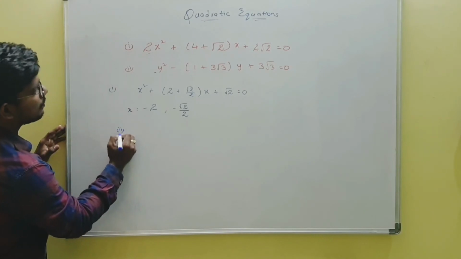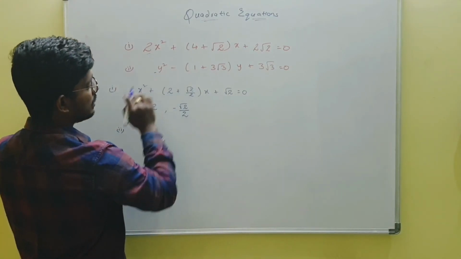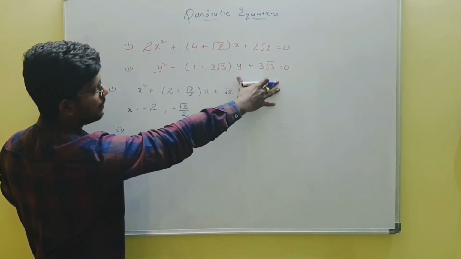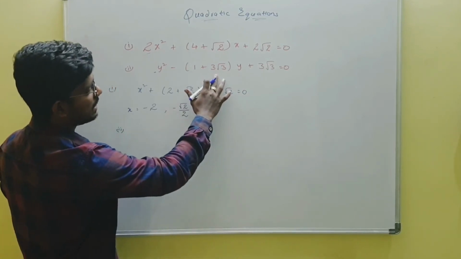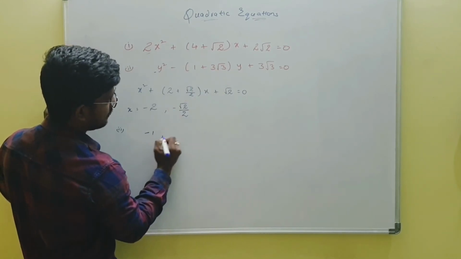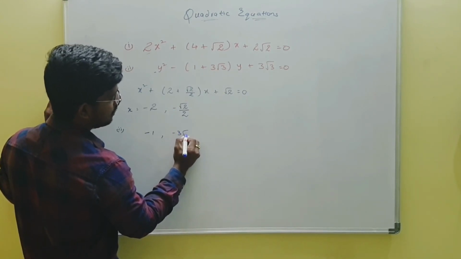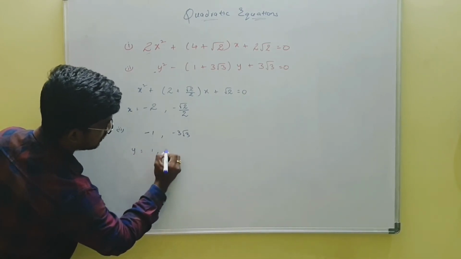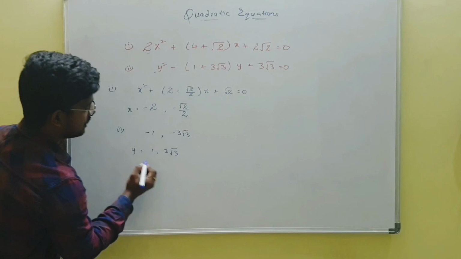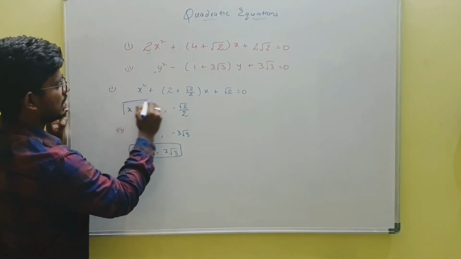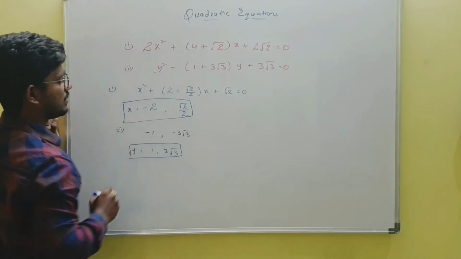Coming to the second equation, here the coefficient of y square is 1. So dividing the entire equation by 1, we get the same equation. So directly I can take the roots as minus 1, comma, minus 3 root 3. By directly changing the signs of these roots, I get 1, comma, 3 root 3. So these are the roots of y, the second equation, and these are the roots of the first equation.